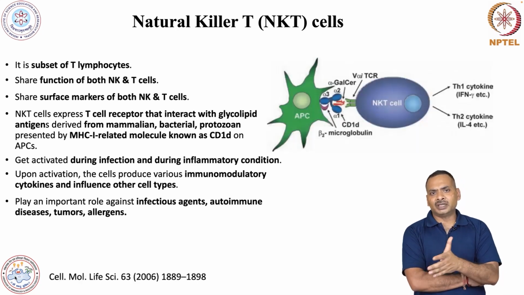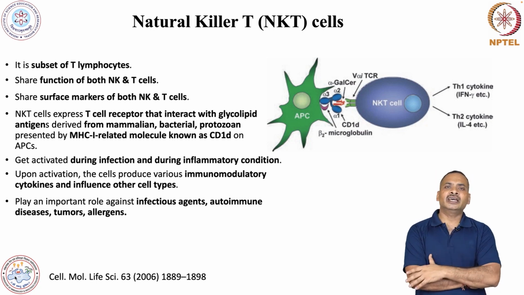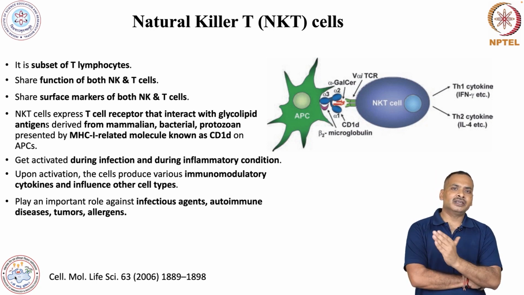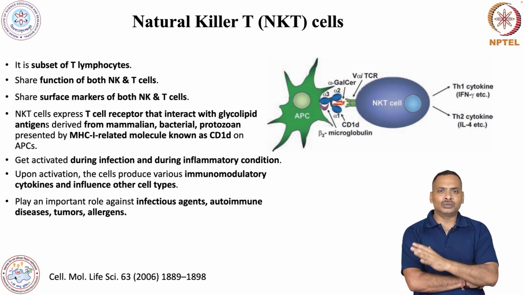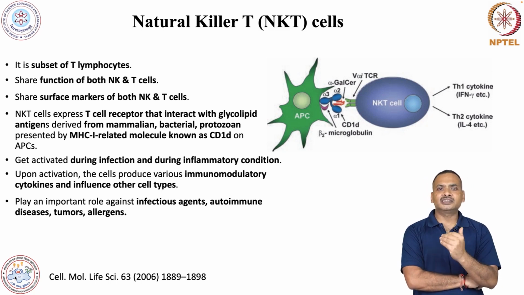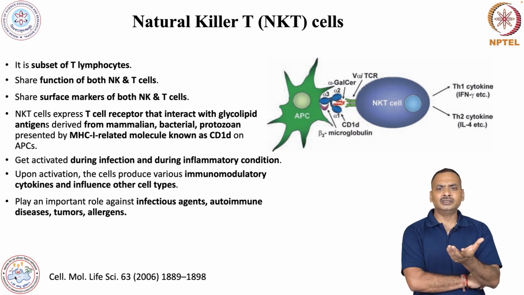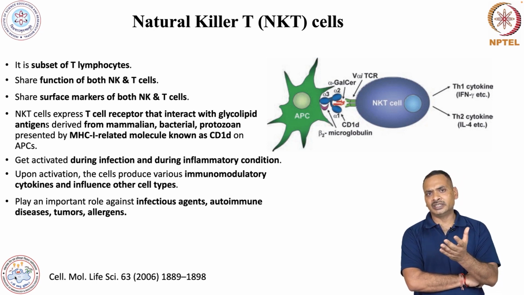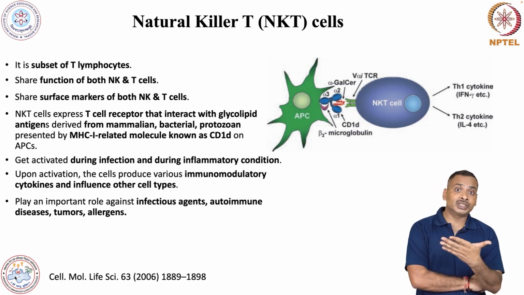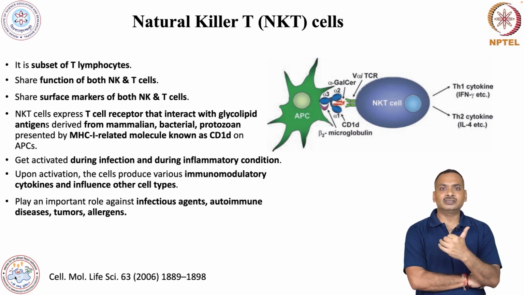Here I am showing you in this schematic how NKT cells play a very important role in modulation of immune response. Here you can see that the NKT cell is presented with alpha-galactosylceramide, a lipid. This is basically a derivative of sugar and lipid, and it is presented to the NKT cells.